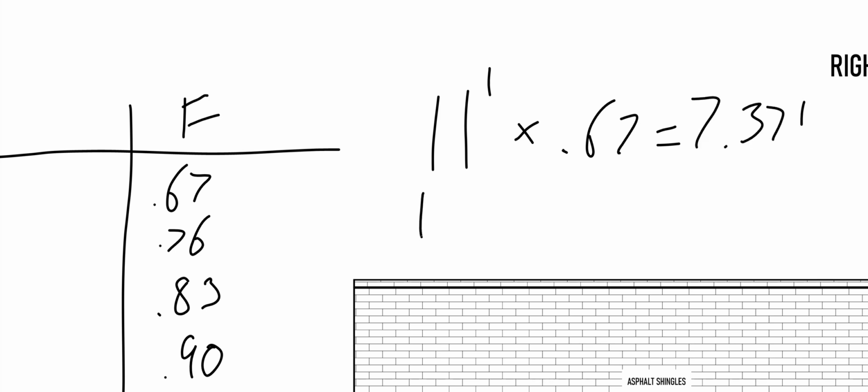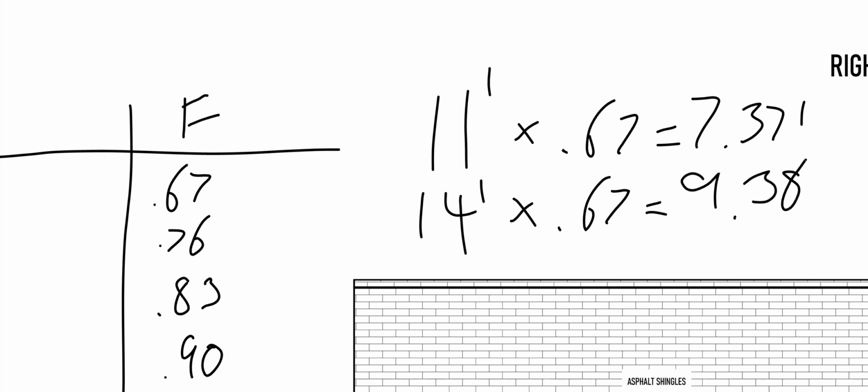Now, if I bump up to 2x8s, I believe it's like 13-11 or something, so I'm just going to say 14 feet for here. Multiply that by 0.67, gets us 9.38.